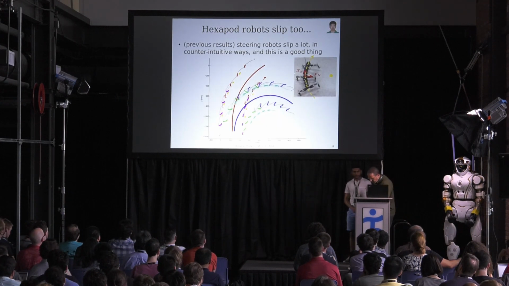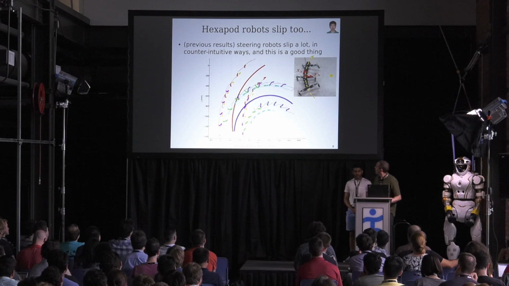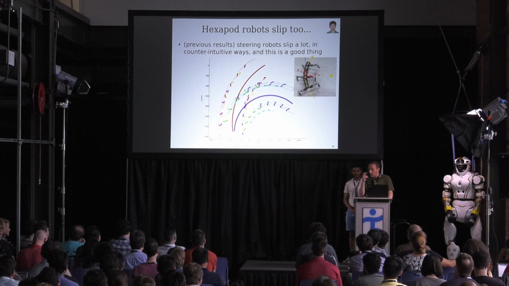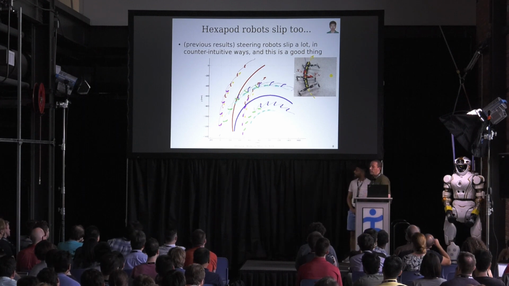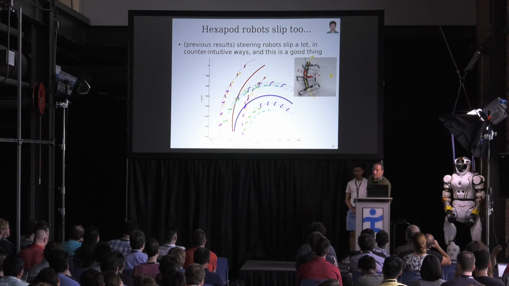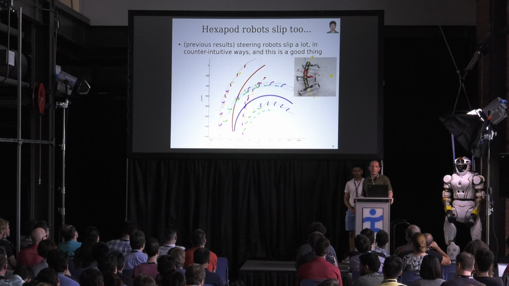Another one of my students, Dan, has been working on hexapedal robots. This is a slide from his talk at Dynamic Walking 2 years ago, where we were talking about steering. And you see that, pretty similar to what we saw in the cockroaches, there's a lot of slipping going on in the legs. So if nothing else, for someone like me who's working on hexapods, we need to look at what happens when we have a lot of slipping.